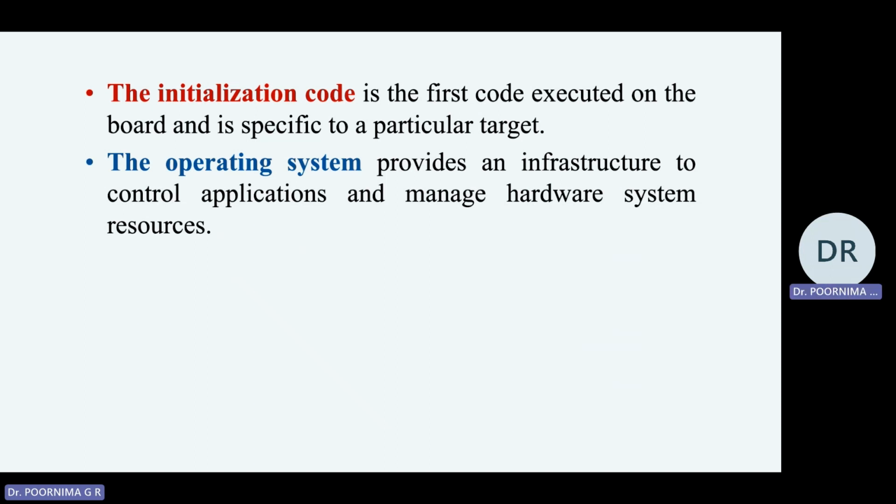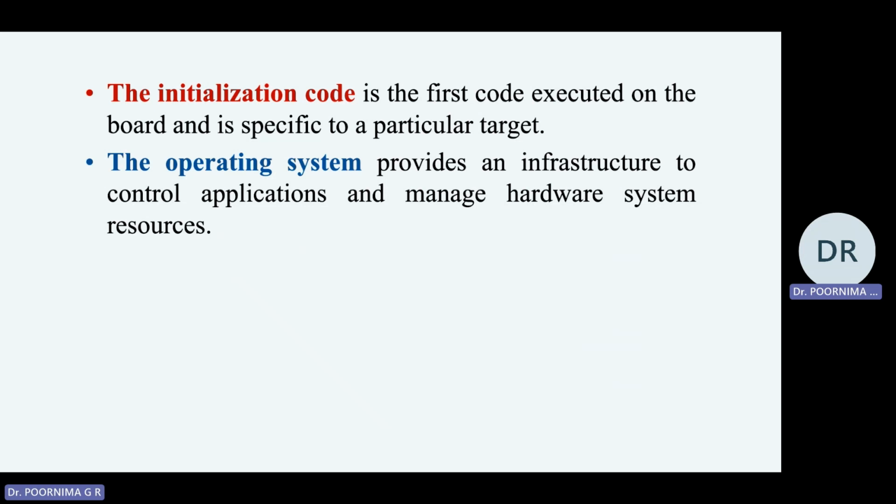Coming to the next component available in system software, which is the operating system. This operating system process prepares the hardware for an operating system to take control. There are different operating systems associated with computing devices.